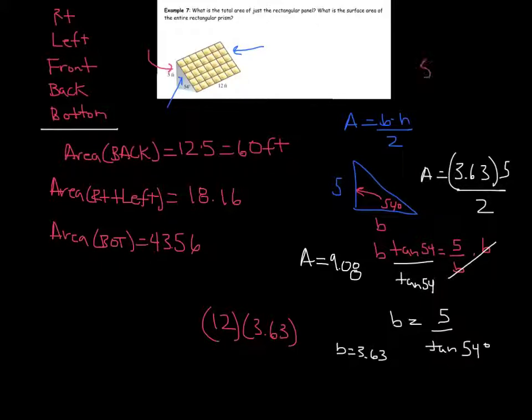So I'm going to say sine of 54 is equal to the opposite side, which is 5, over the hypotenuse, which we'll call C. Doesn't really matter what letter. So C is going to equal 5 over the sine of 54. And let's see what that gives us. Actually gives us 6.18.